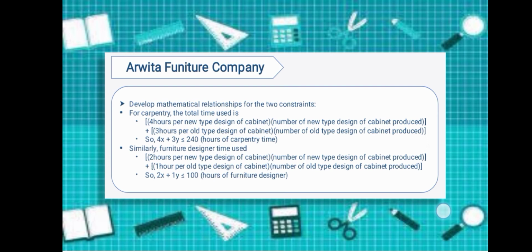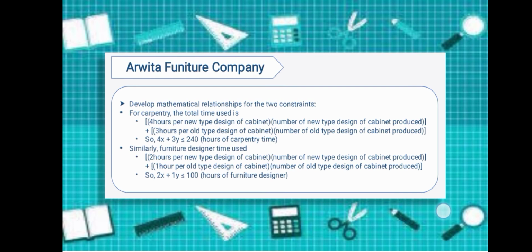So, in mathematical, we have 4x, x that represent the number of new type design of cabinet produced, plus 3y, y as represent the number of old type design of cabinet produced, is less than or equal to 240. Why less than or equal? Since our constraints cannot exceed 240. So dapat hindi hihigit sa 240.